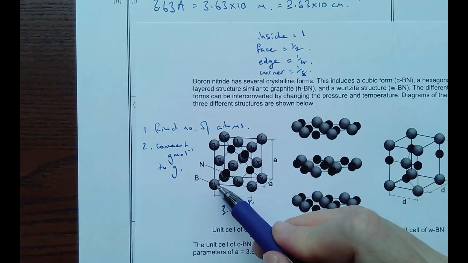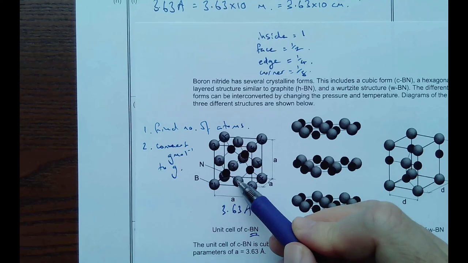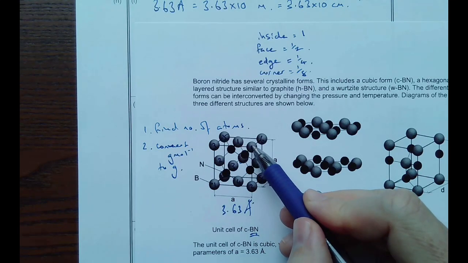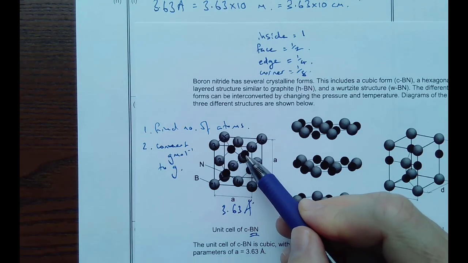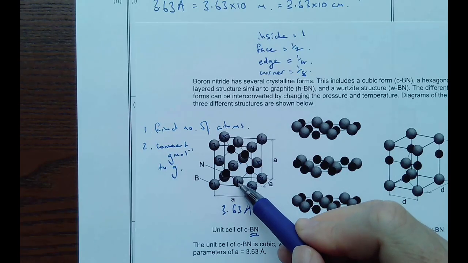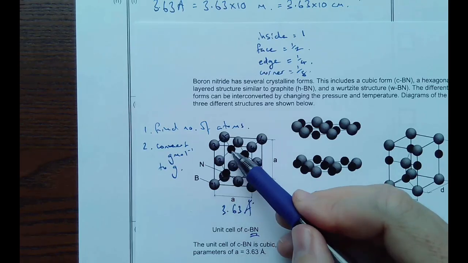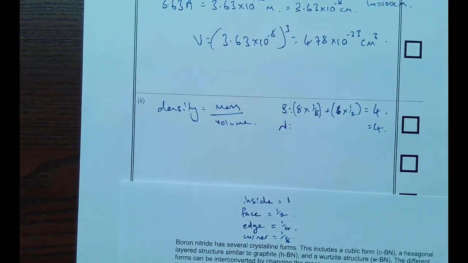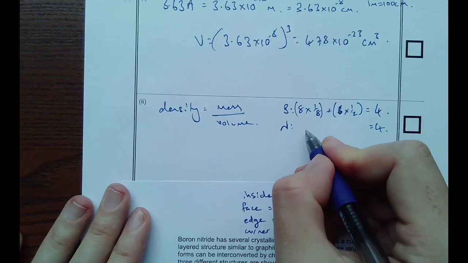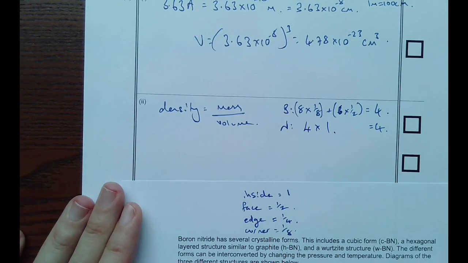And it's happening all over. I'm going back from this one, so that's inside the unit cell. Here, this is on the bottom face, I go up, I'm inside. This is on the corner, I go up, I'm inside. So all 4 of these are inside. If you want to do the calculation, it's 4 times 1 equals 4.